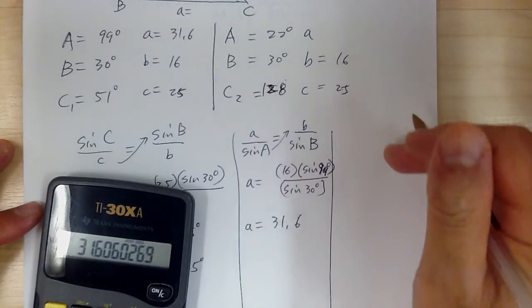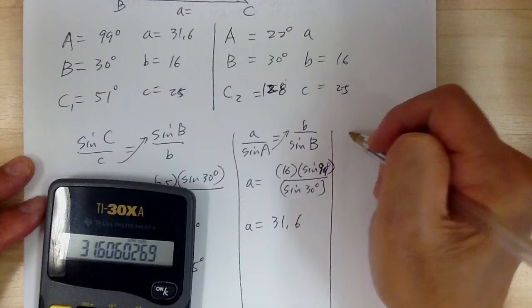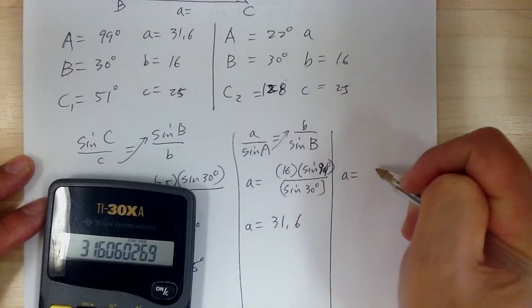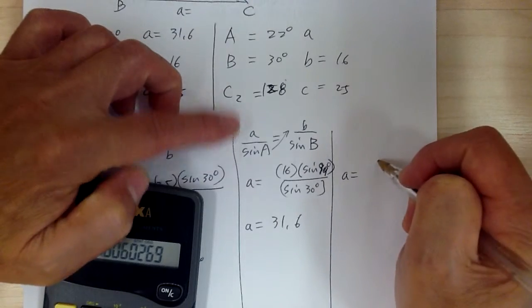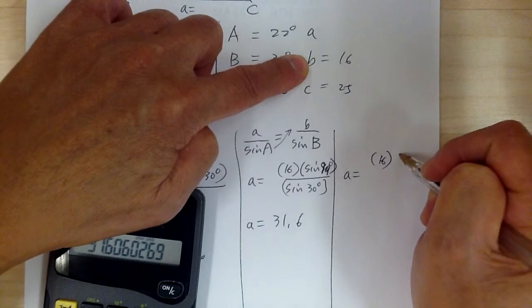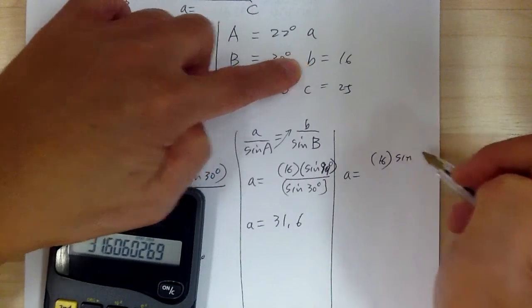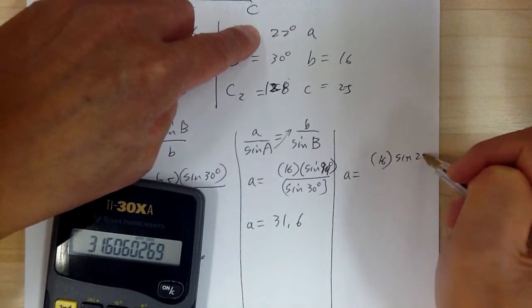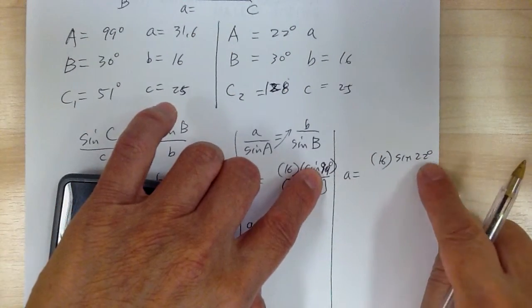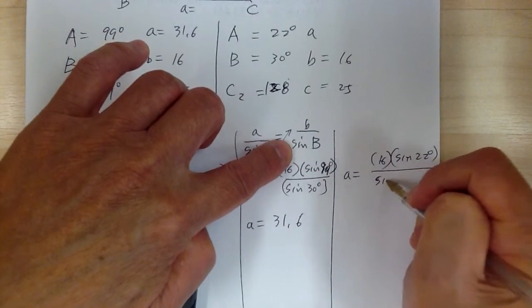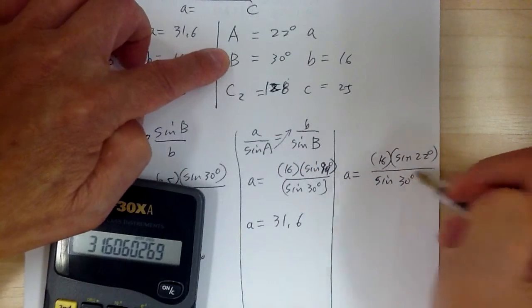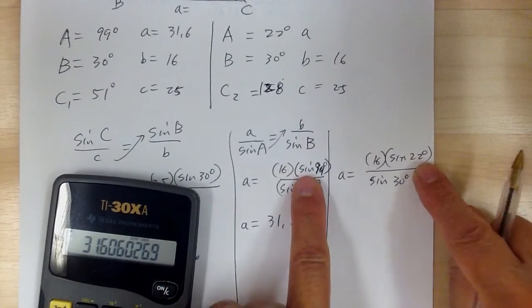Okay, and then you do the same over here. So you're going to get A equal to... so B is 16, sine of A is 22 degrees. Now look, this is 99, this is 22, okay? So you have to be careful with that, over sine B. Okay, so this is the difference between the two cases, right?